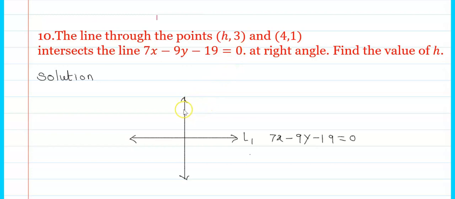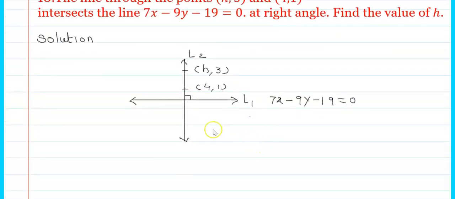The points on the line are, I will write here, (h, 3), and the second point is (4, 1). This is the line L2. As these two lines are perpendicular to each other, the product of the slopes of these two lines is minus 1. Now we'll find out the slope of the first line.